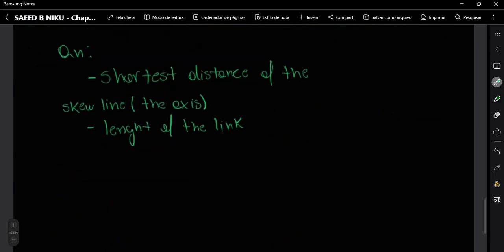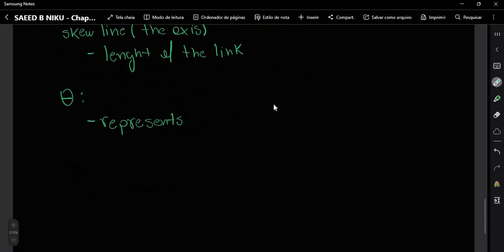So first, about theta: it represents the rotation about the z-axis.